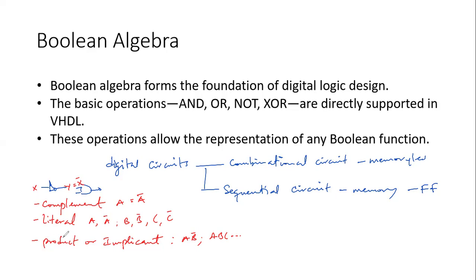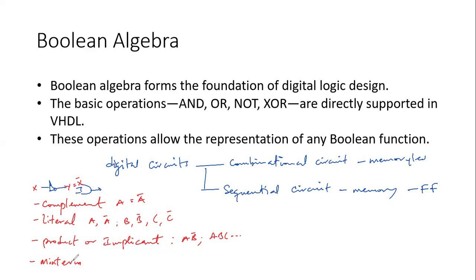Then we also have minterm. This minterm should not be confused with the implicant or the product, because the minterm is a function of the number of variables that make up the input, okay?